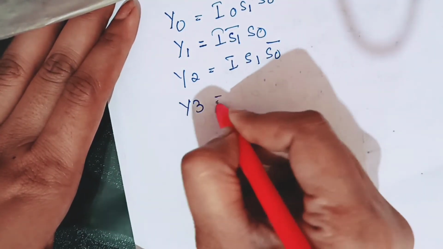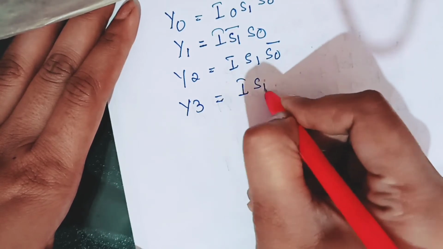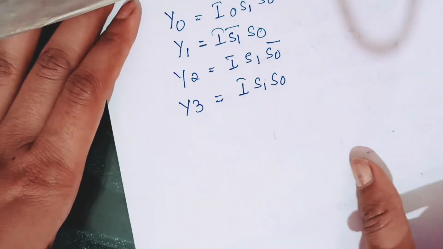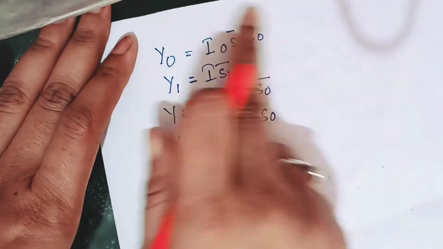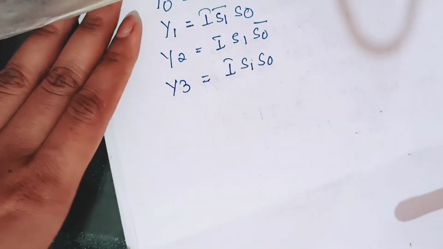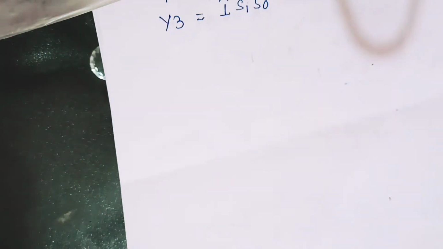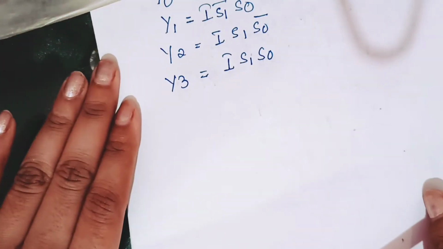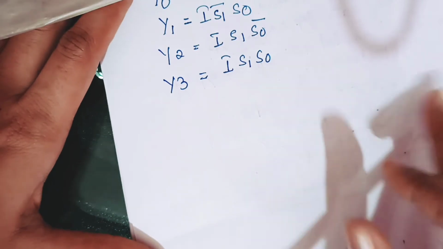Then Y3 is equal to I S1 S0. Clear? These are the 4 values of your output. And taking these values, we will draw the logic circuit diagram of your 1:4 DMUX.